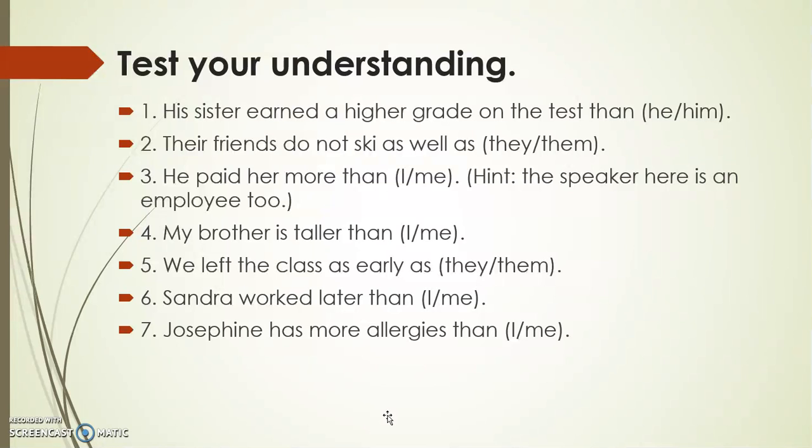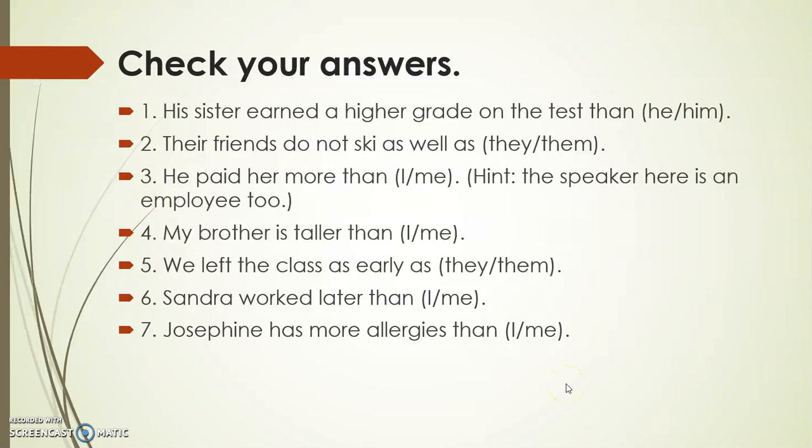Number 3, he paid her more than I or me. And I gave you a hint. The speaker here is the employee too. Number 4, my brother is taller than I or me. Number 5, we left the class as early as they or them. Number 6, Sandra worked later than I or me. And number 7, Josephine has more allergies than I or me.